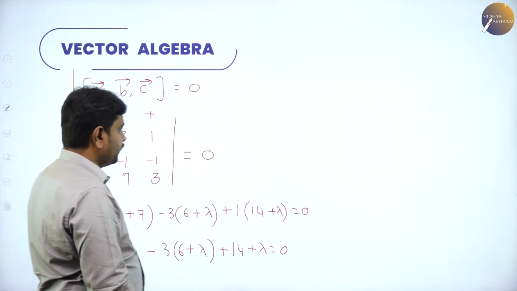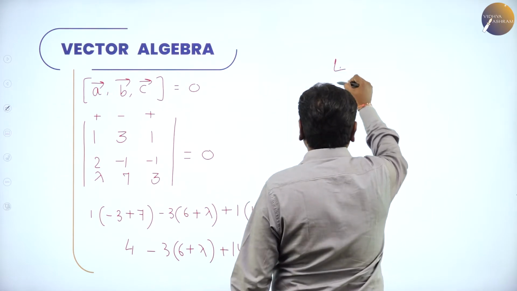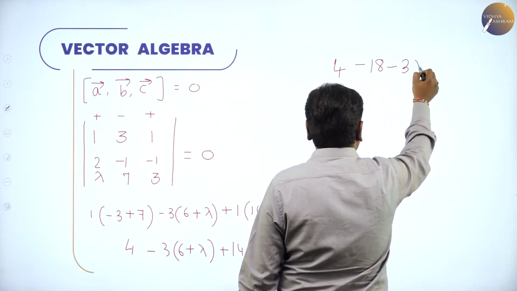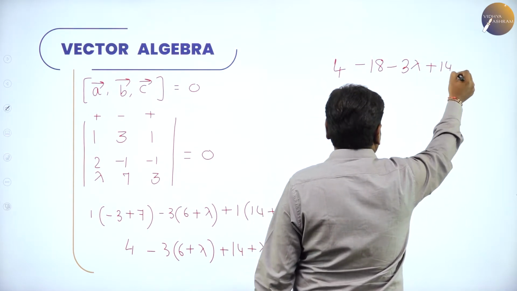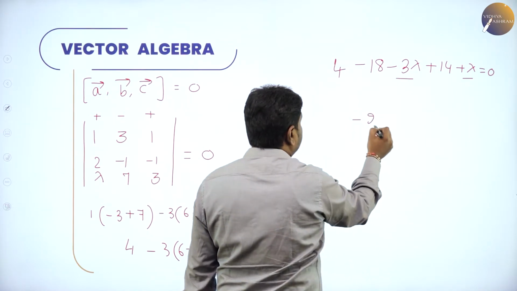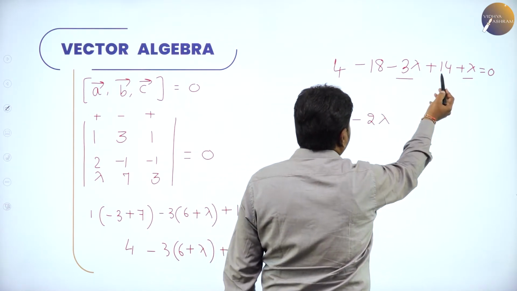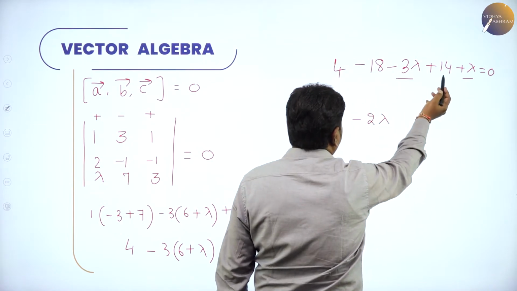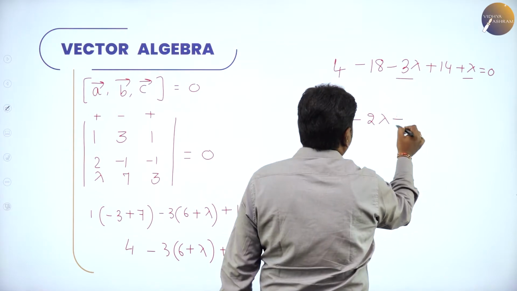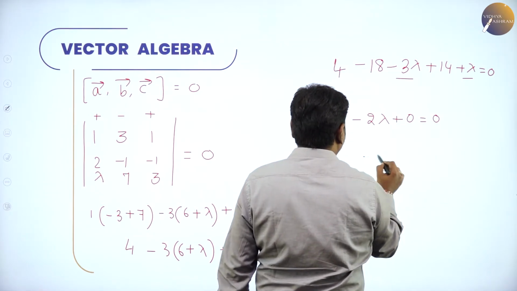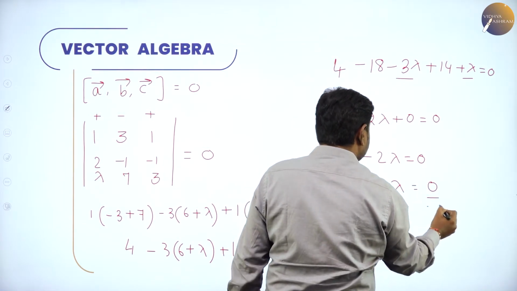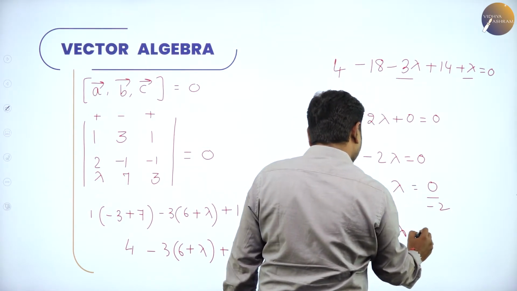Further we'll simplify: 4 minus 18 minus 3 lambda plus 14 plus lambda equal to 0. Minus 3 lambda plus lambda is minus 2 lambda. 4 minus 18 plus 14 is 0. So minus 2 lambda is equal to 0, or lambda is 0 by minus 2. 0 by any number is 0, so the value of lambda is exactly 0.